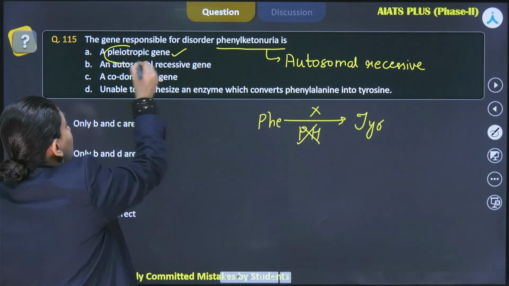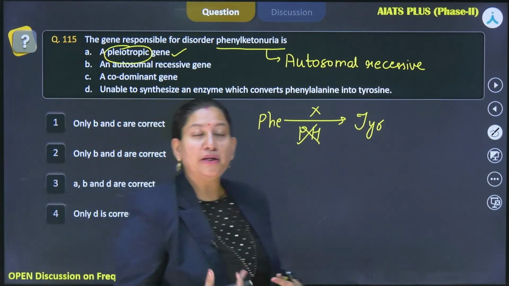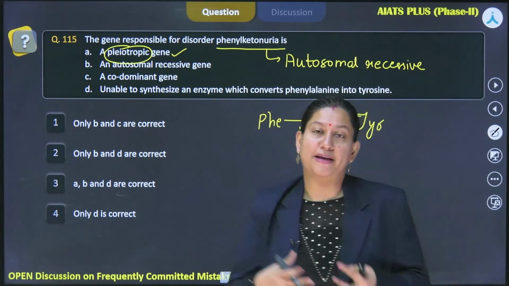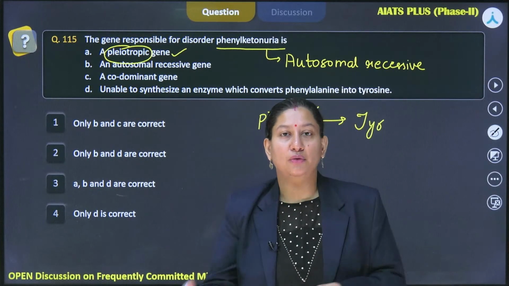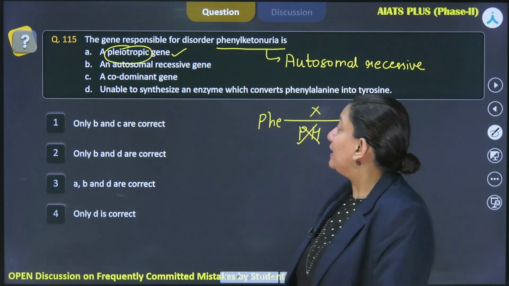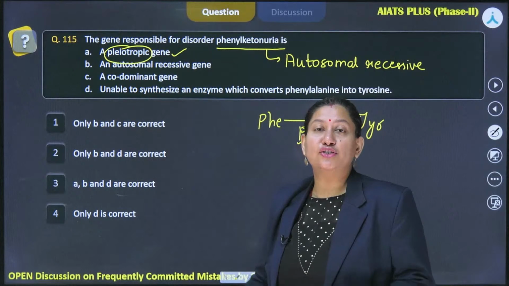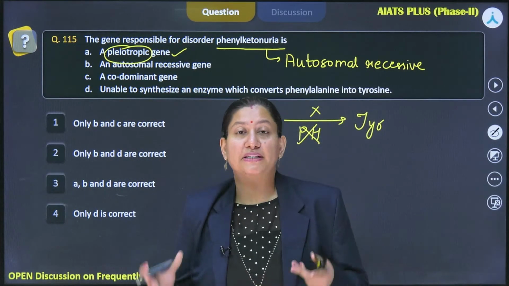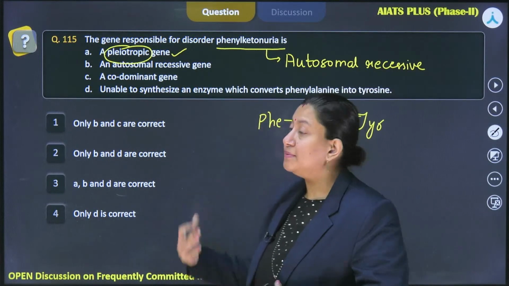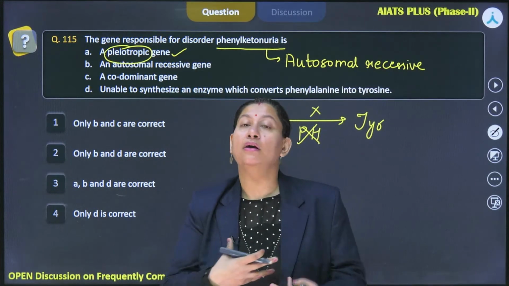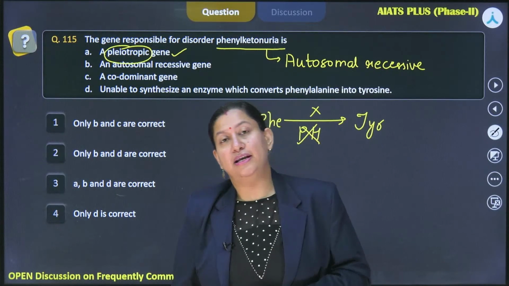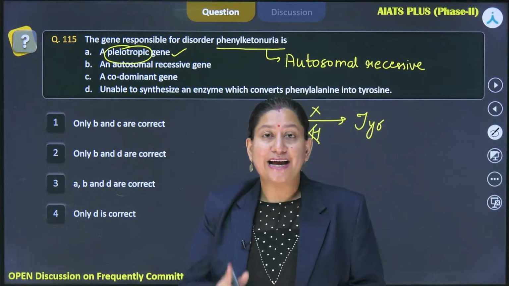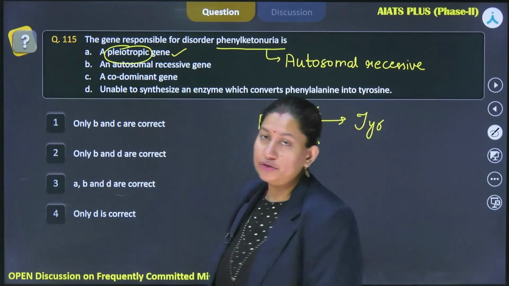Now what is a pleiotropic gene? Usually, when Mendelian genetics was in the picture, we saw that a single gene affects a single character, right? One gene, one phenotype effect. Later on we found out that it's not always that a single gene exhibits a single phenotype. Certain times a single gene is controlling many characters, right? So if a single gene is controlling many phenotypic effects, that particular gene is considered a pleiotropic gene.